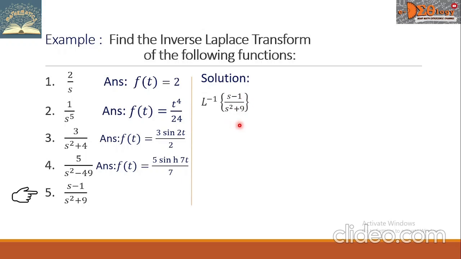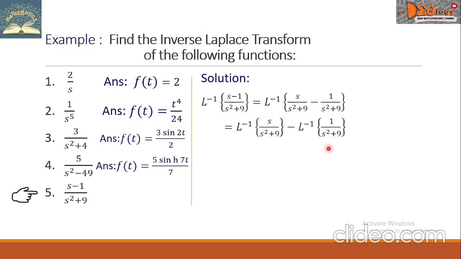First thing to do here is to distribute the denominator to each term of our numerator. So we have now this s over s squared plus 9 minus 1 over s squared plus 9. Then we will show that we are going to take the Laplace inverse of each of the fractions. It becomes like this.